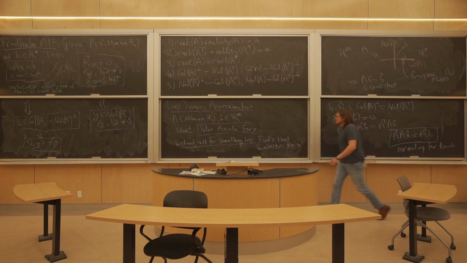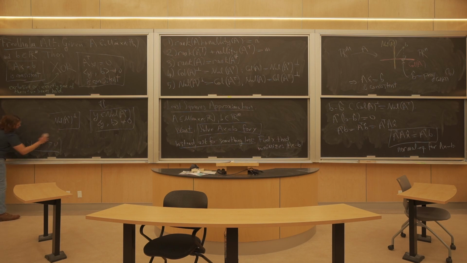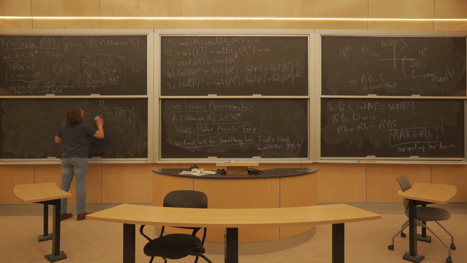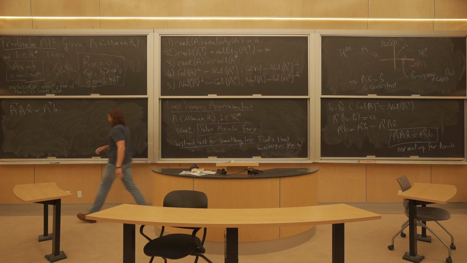This system, what was it? A transpose A x hat equals A transpose B, which I obtained by just starting with AX equals B, and applying A transpose to both sides.